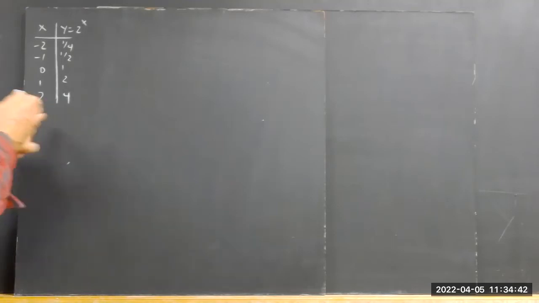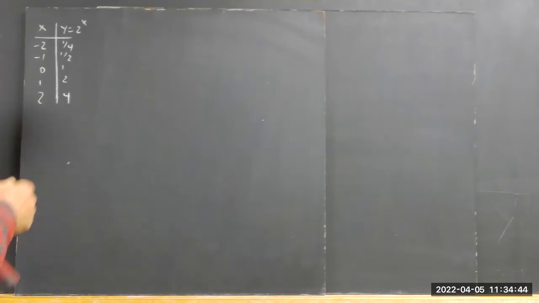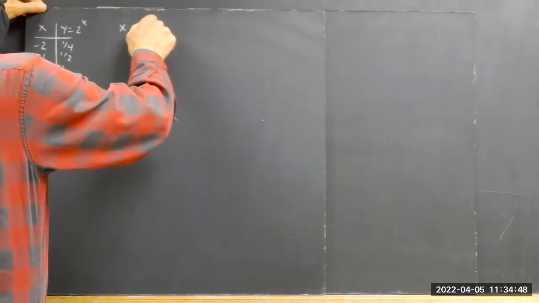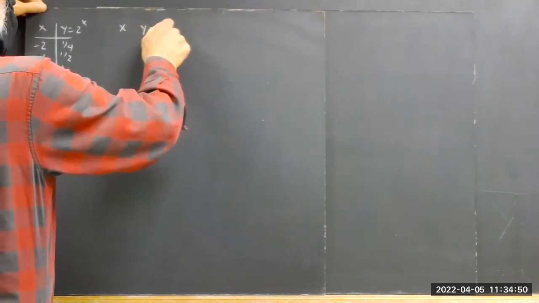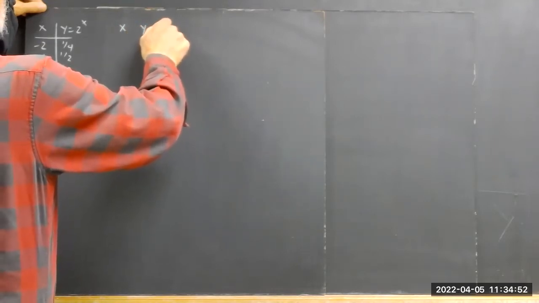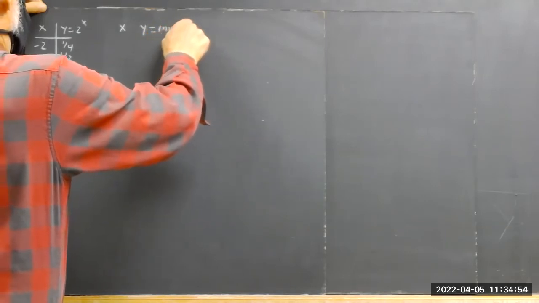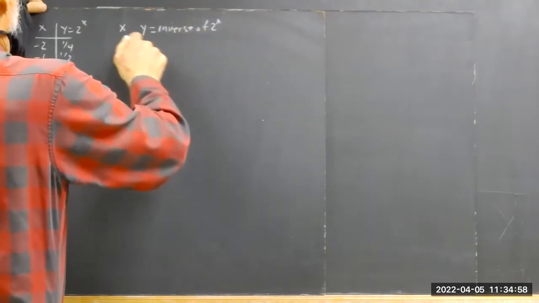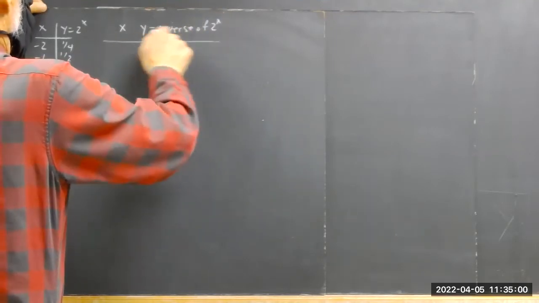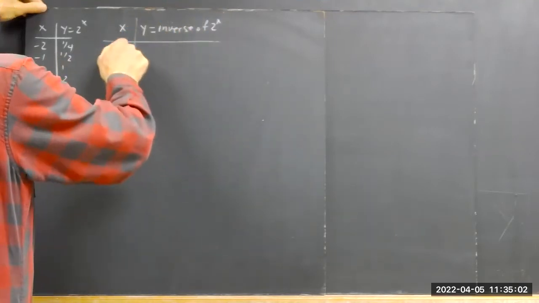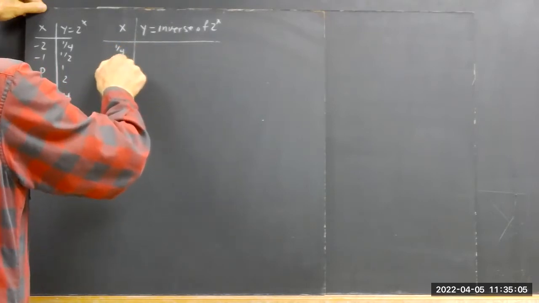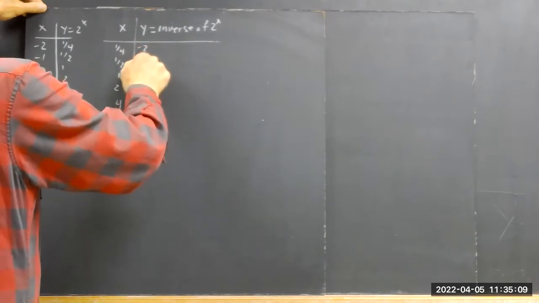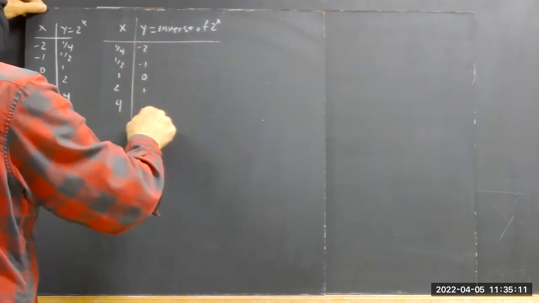You just switch the numbers into two columns. And that's going to put 1/4 here, 1/2 here, 1, 2, and 4 here. -2, -1, 0, 1, 2 here.